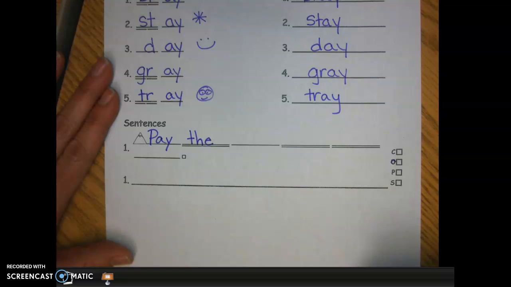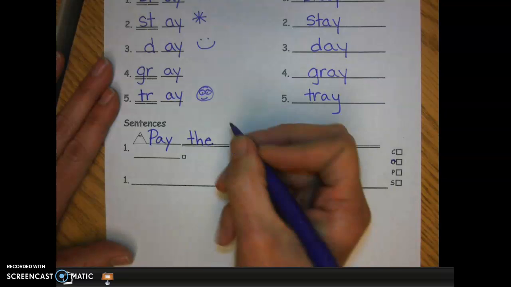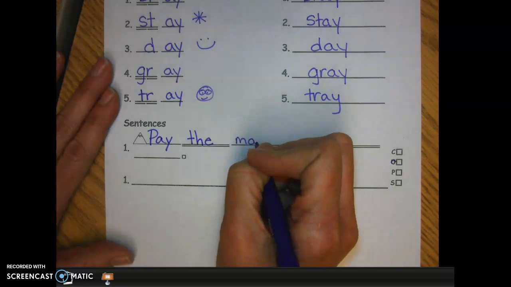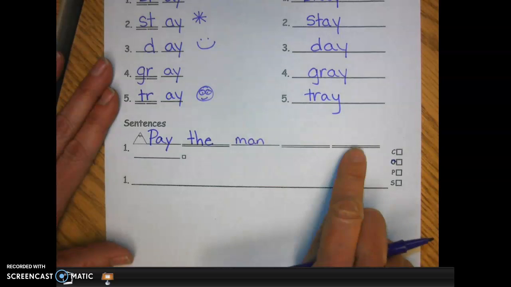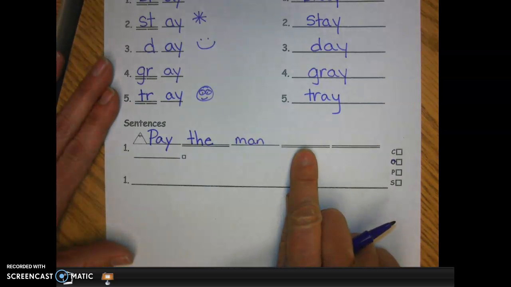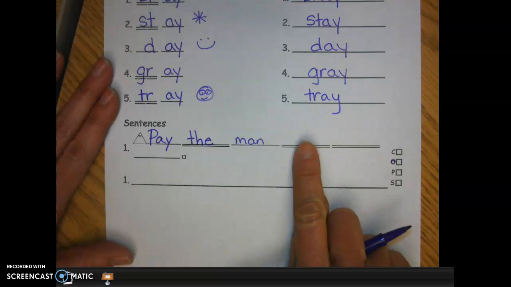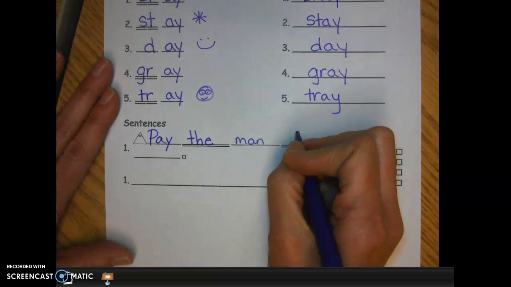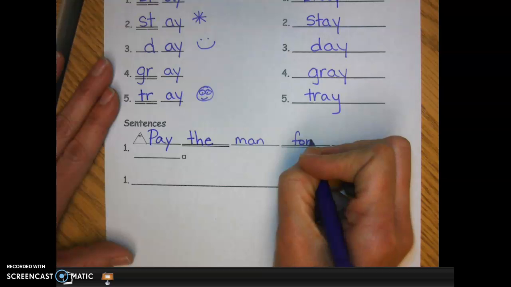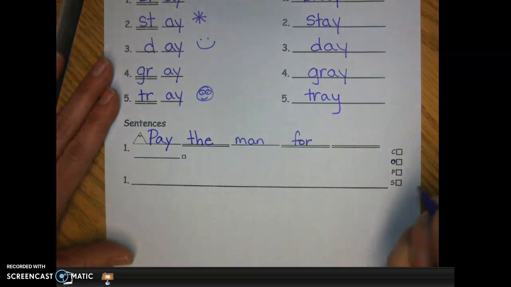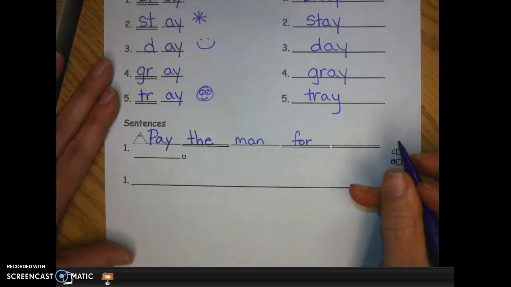Pay the man for the clay. So man, and then our two red words in a row. We have for, and then the again. So for the. For is not the number 4. Right? You can hear that in the context clues. You're saying pay the man for the clay. You know it's not the number. Yes, Kaylee.